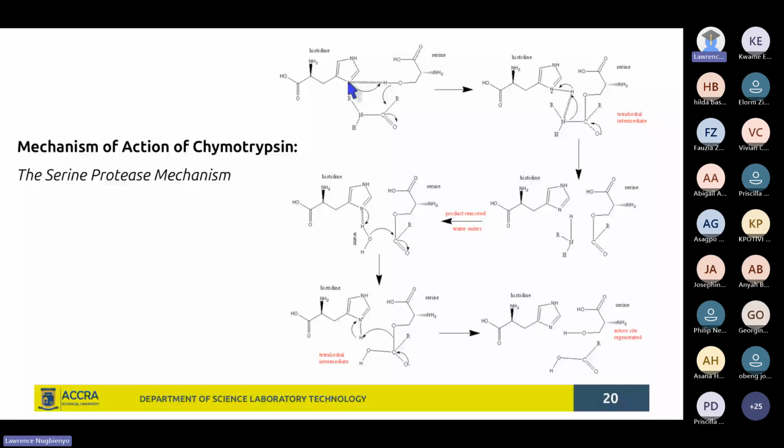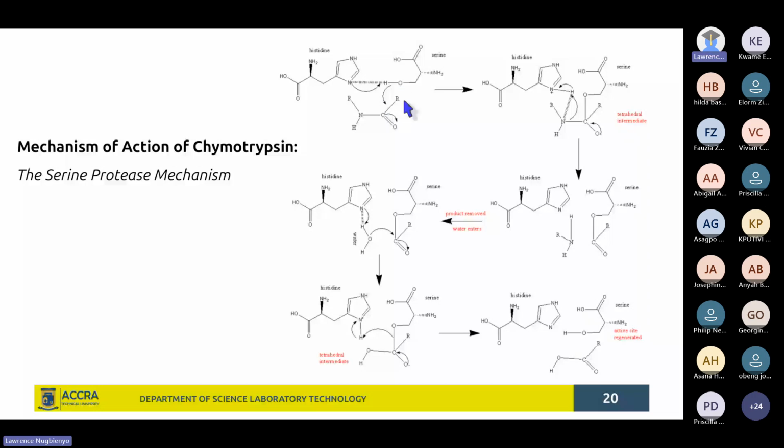And at the same time, you have an interaction on the C terminus of one of the amino acids involved in the peptide bond, which eventually will result in the formation of a temporary covalent interaction.